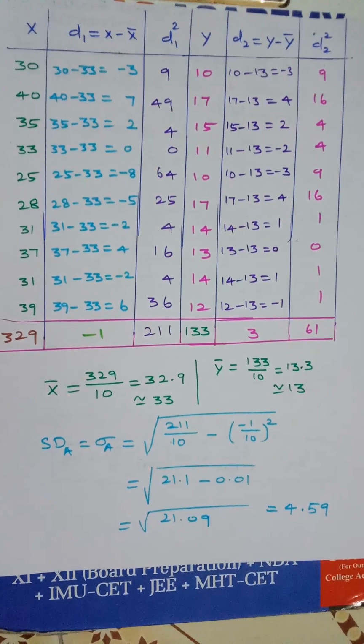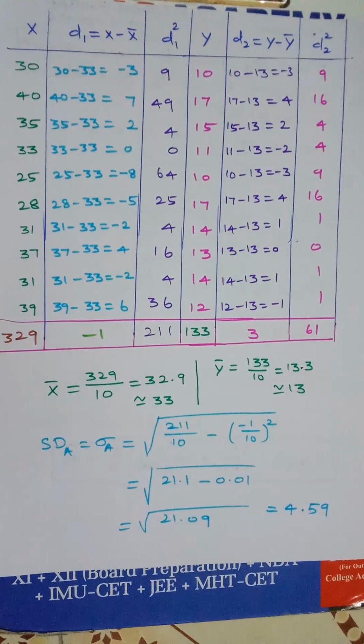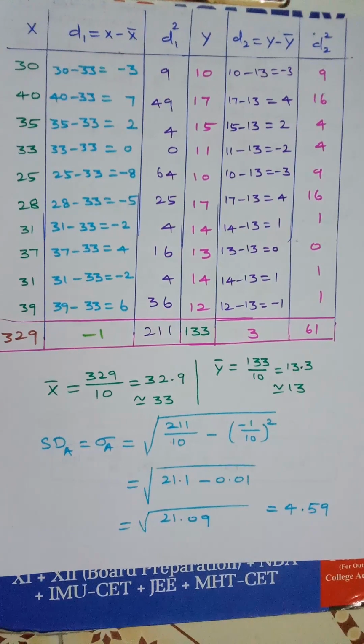So x and y, fill them first. We are given the 10 values for both x and y, write them down. The total of x and total of y will be 329 for x, 133 for y.